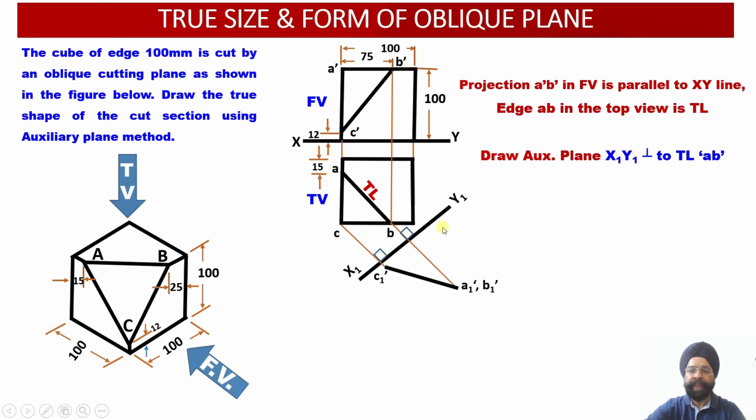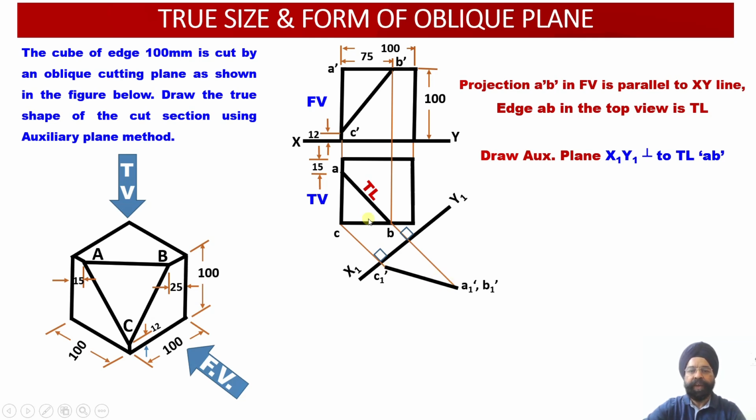Since A and B both lie on the same projector line, the projections A1 dash and B1 dash are going to coincide, and this distance will again be 100 millimeter. So this distance is equal to 100 millimeter, this distance is equal to 12 millimeter, and once I join, what do I get?